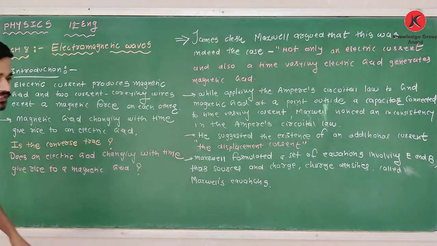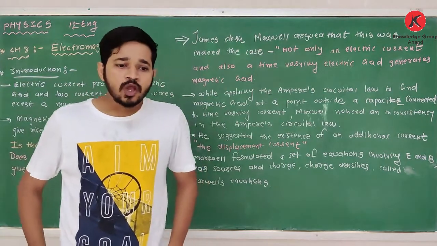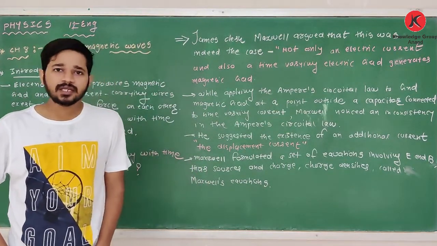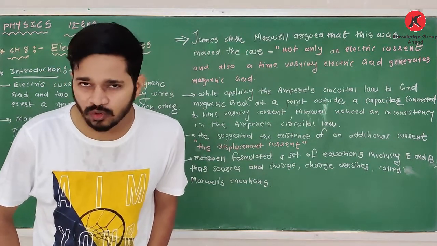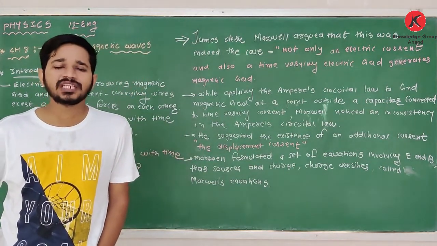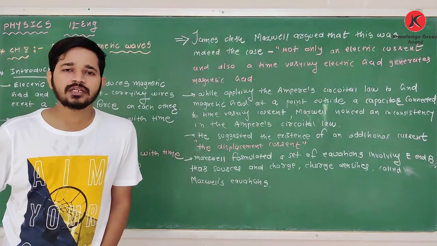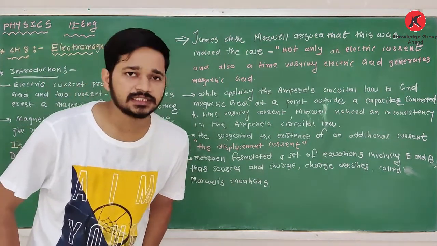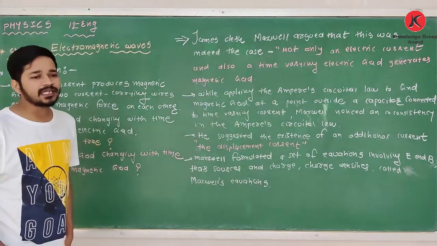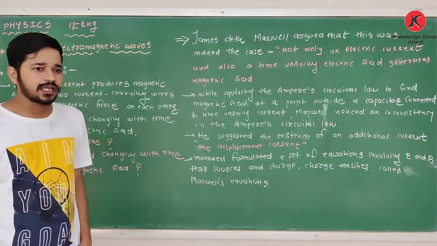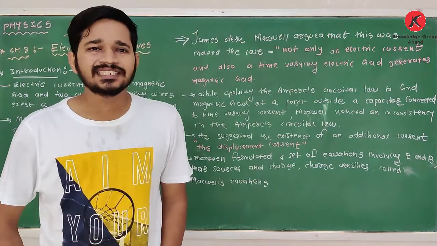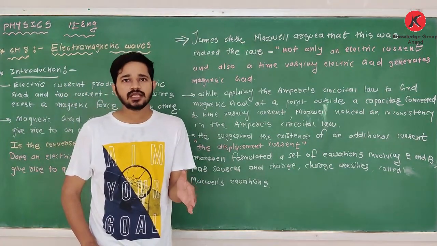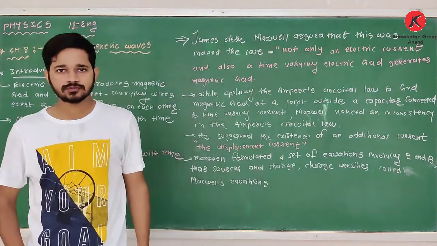What is the introduction? If you remember chapter 4, moving charges and magnetism, after Ørsted's experiment we have one conclusion: moving charges, meaning electric current, produce a magnetic field. Yes or no? Yes, it is. Then in chapter number 6, we proved that due to a changing magnetic field, flux is changed and an electric field is produced.